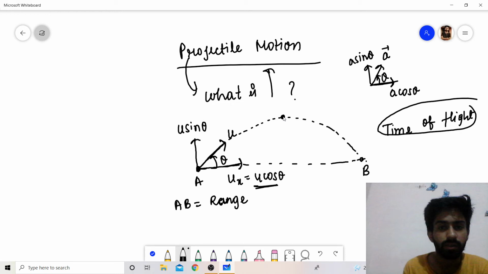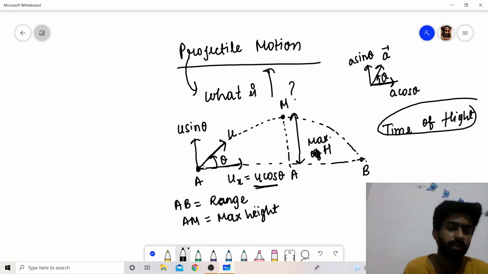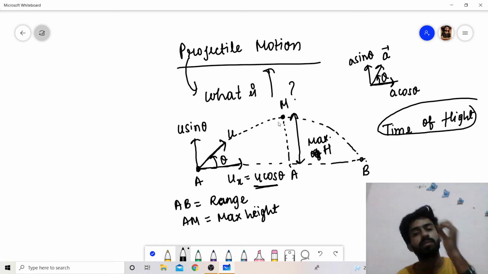So in any projectile, if we throw a ball, first the ball's velocity decreases, and at a certain point, that is at the maximum height, the ball's velocity becomes zero, and then it again increases as the body starts moving in the direction of acceleration.